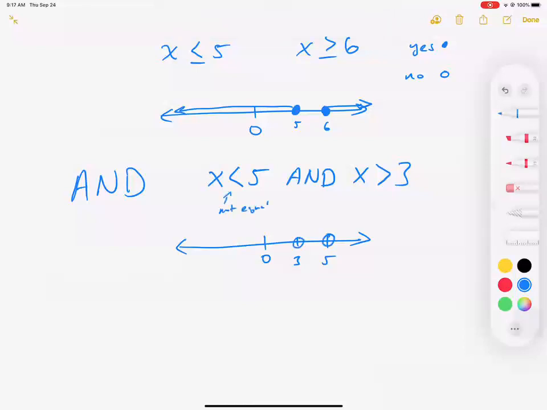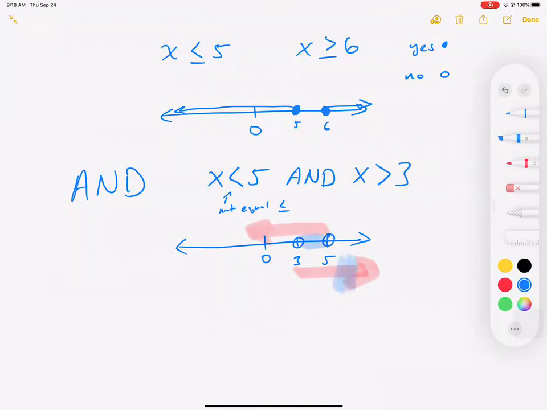This would look like this symbol. For now, I'm going to draw this a little differently, just so you guys can see. I'm going to make it super obvious. So x is less than 5, and x has to be greater than 3. I want you guys to notice that the only part that's true is in between here.